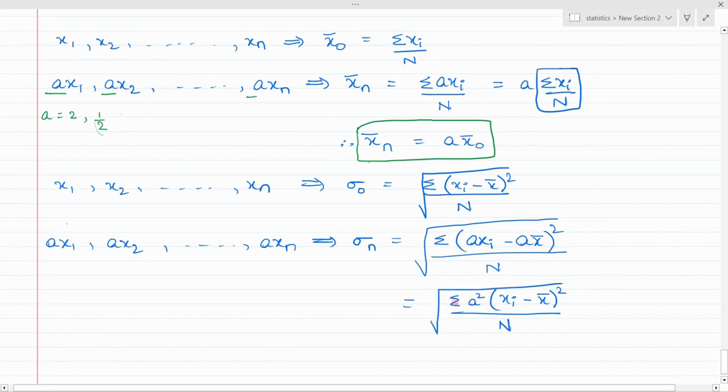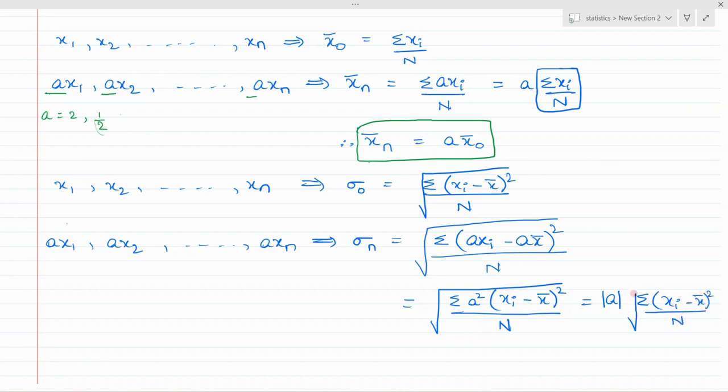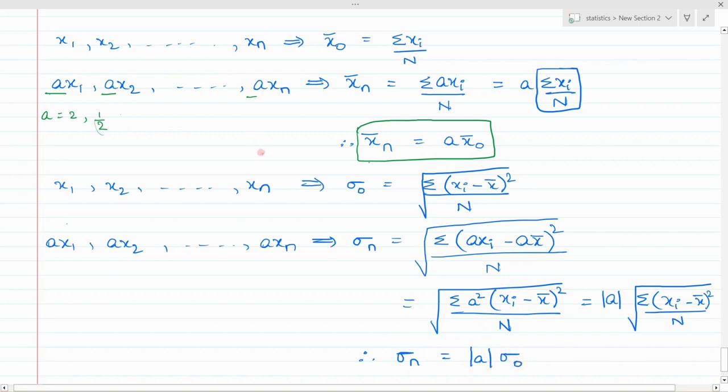Now let's take this a square outside, but we'll write it as mod a because we are only considering the positive values. Inside it will be sigma xi minus x bar whole square upon n. Now, therefore, the new standard deviation is nothing but mod a times the old standard deviation.